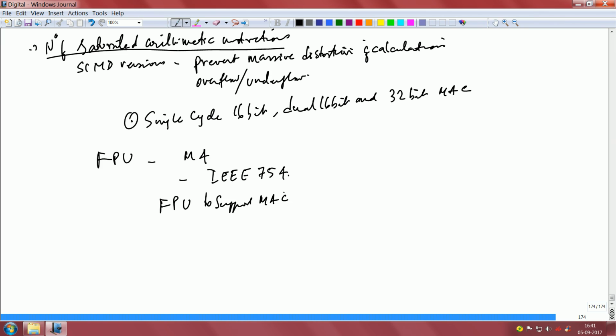Multiply and accumulate means, what does it mean? It allows better precision in the MAC result.